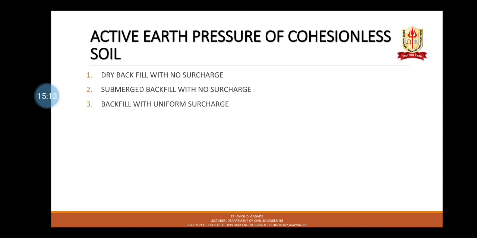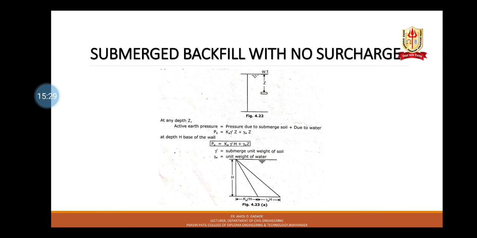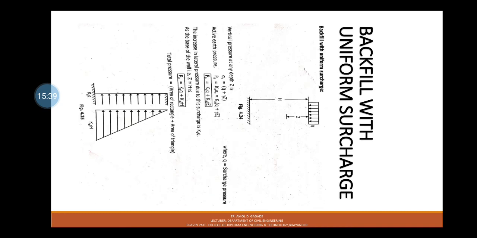Active earth pressure in cohesionless soil has three types of equation: dry backfill with no surcharge, submerged backfill with no surcharge, and backfill with uniform surcharge. So this is the dry backfill with no surcharge equation, this is the submerged backfill with no surcharge equation, and last is the backfill with uniform surcharge equation.